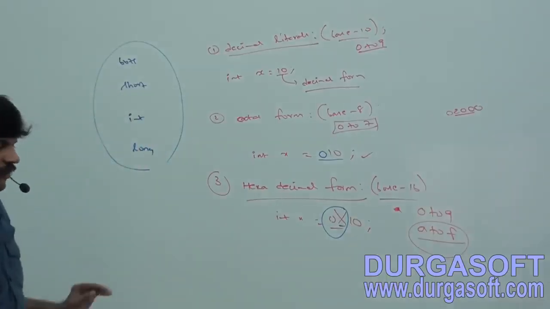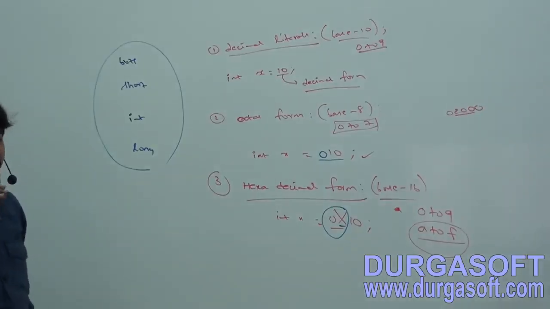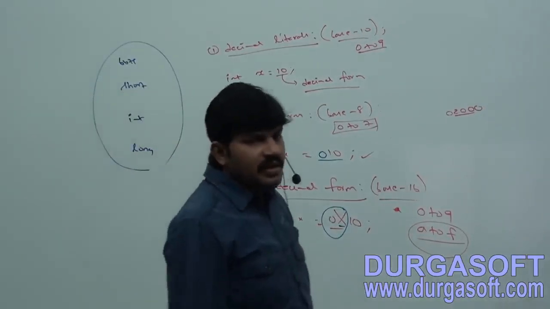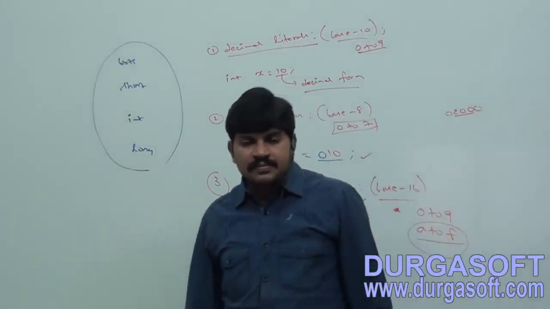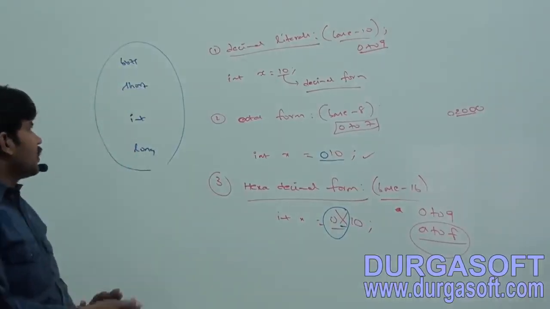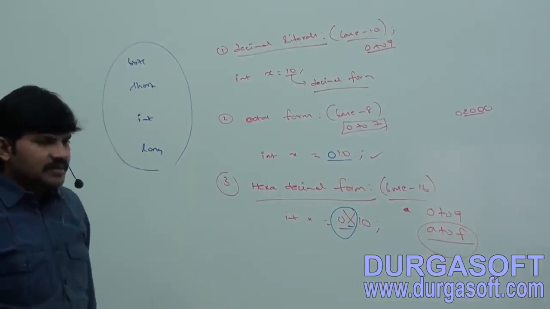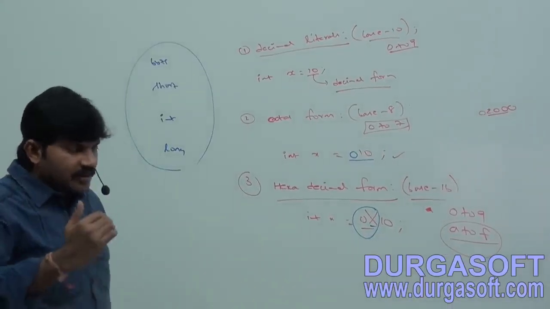At this point, for 1 minute, better to keep the subheading integral literals. For integral data types, we can specify integral literals. Okay, within bracket, integral literals. That's all. Add the theory.